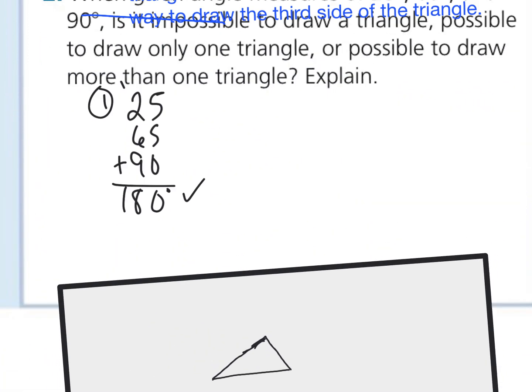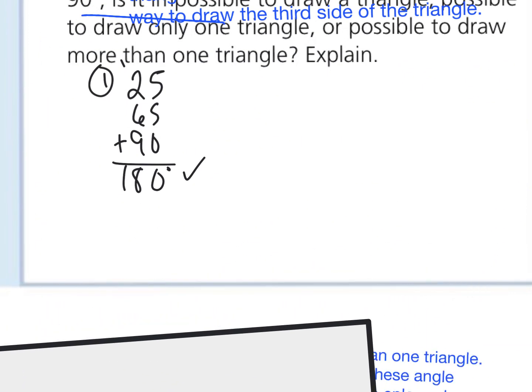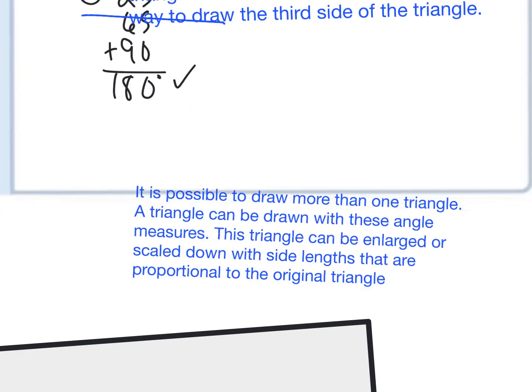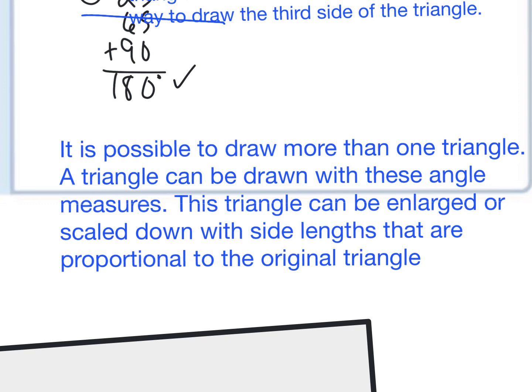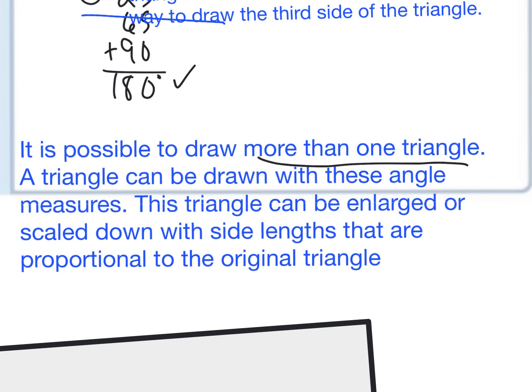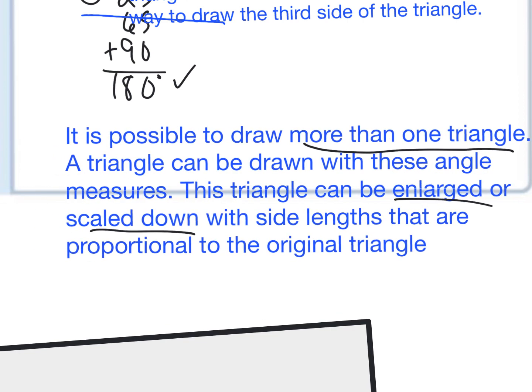So for this one, this is not going to be a unique triangle, and so we could draw more than one triangle with these angle measures. And like I said, it could be either enlarged or scaled down to make it still a similar triangle, but a different triangle.